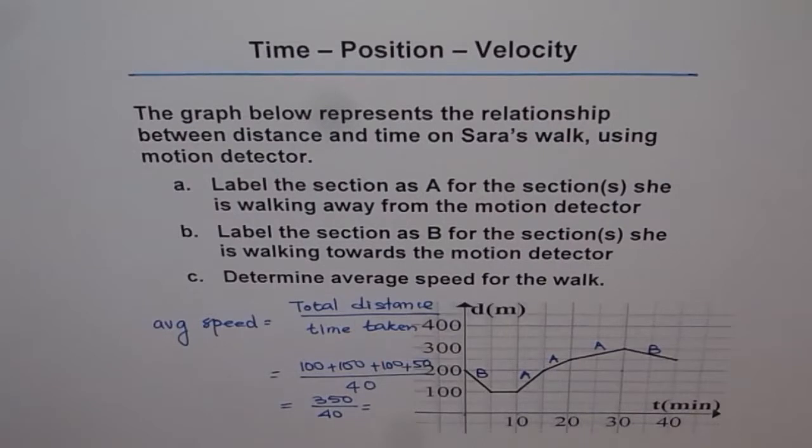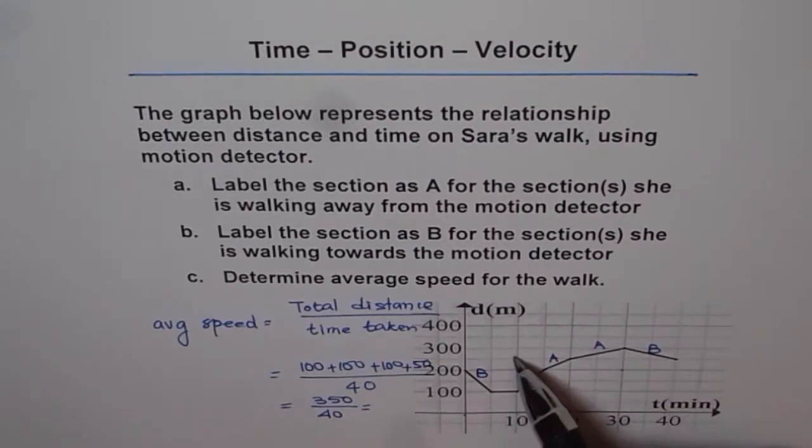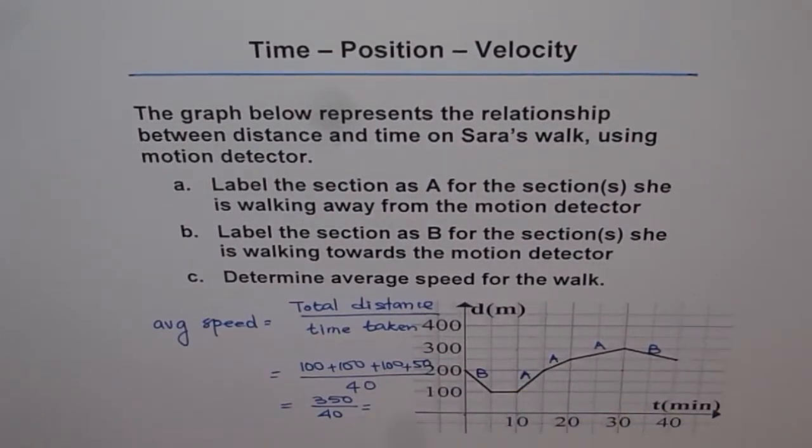So let's use our calculator. So we can calculate like this. It's going down 100, and then from here it goes up 300. So 100 plus 200, right? 100 to 300. 300 and then coming down 50. So 350, right? Now we can use our calculator. 350 divided by 40 gives us 8.75.